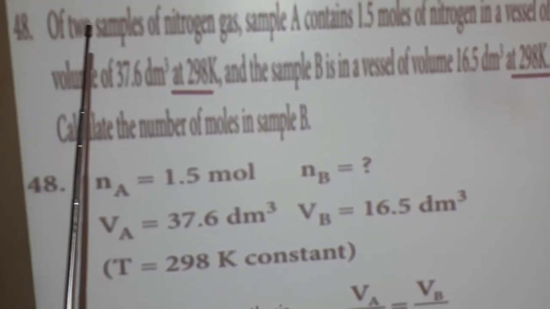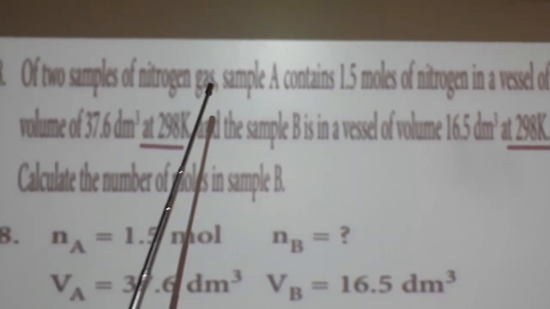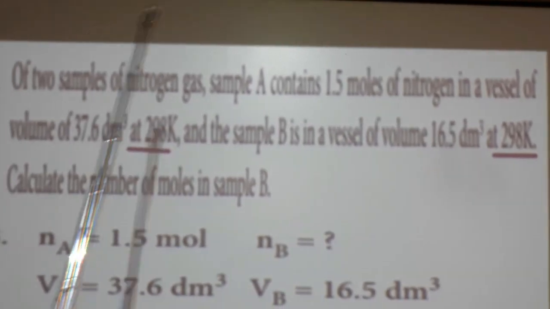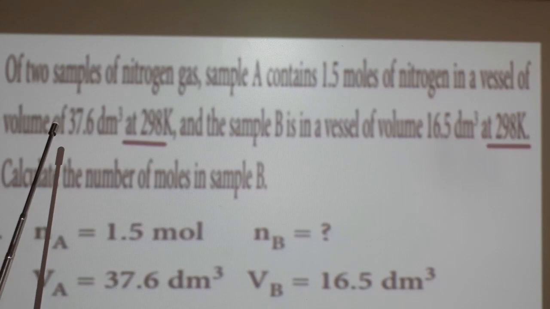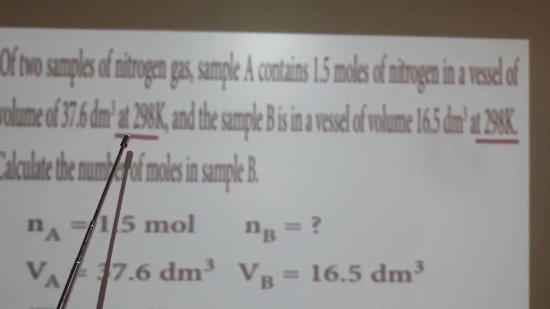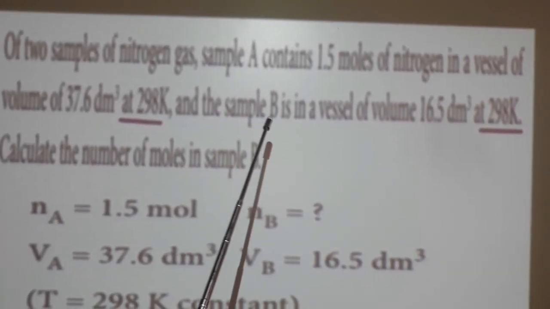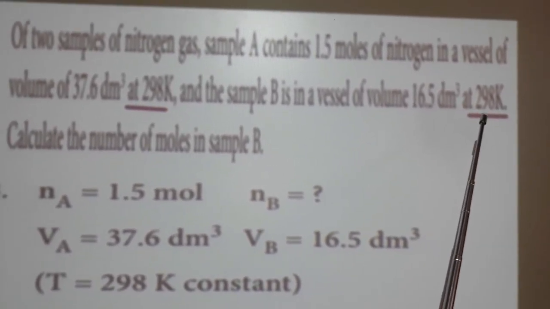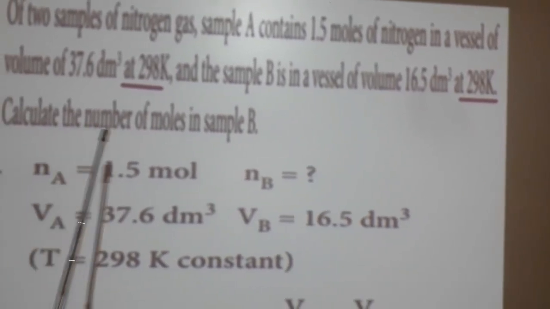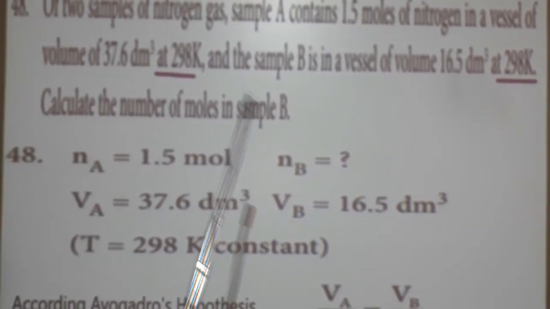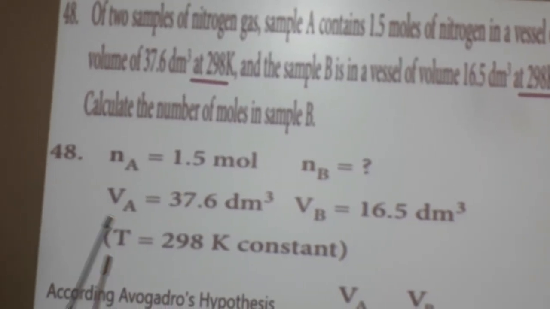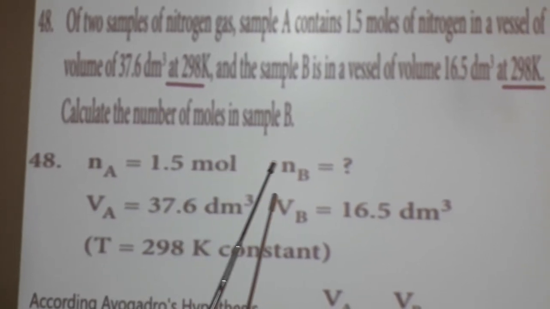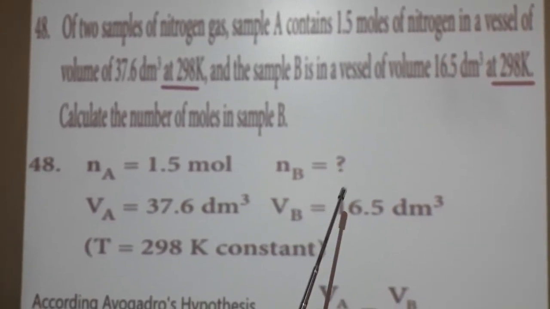And in this question, there are two samples of nitrogen gas. Sample A contains 1.5 moles of nitrogen in a vessel. The volume of the gas is 37.6 decimeter cube at 298 Kelvin, and sample B is in a vessel of volume 16.5 decimeter cube at 298 Kelvin. Calculate the number of moles in sample B. In both we have only nitrogen gas. The number of moles of nitrogen in A is 1.5 moles, but in B we don't know the number of moles, so put a question mark here.